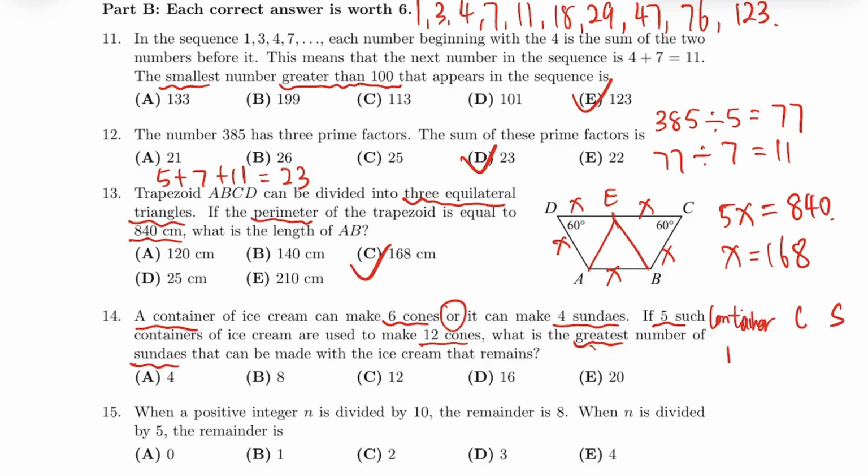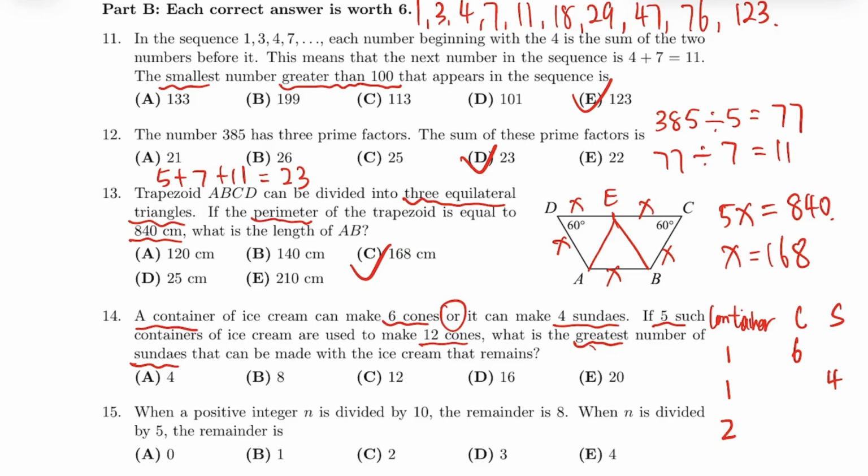Okay, so one container can make 6 cones, or let's write it another way. One container can make 6 cones. One container can also make 4 sundaes. Now we have 12 cones with 5 containers.